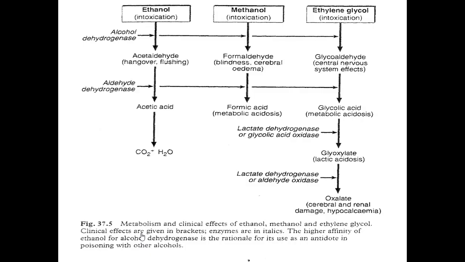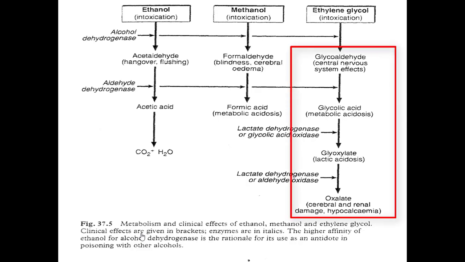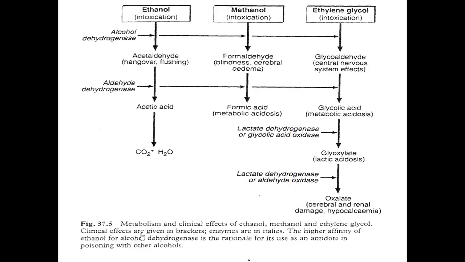Now, let's see a couple of examples. Here we see ethylene glycol. The parent compound or parent molecule is not very toxic until it gets converted to all those metabolites, which we see here, that are really toxic. And ethanol has 30 times more affinity for the enzyme alcohol dehydrogenase.